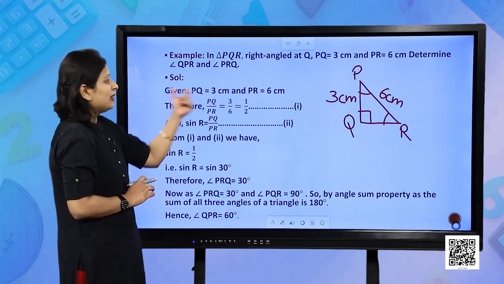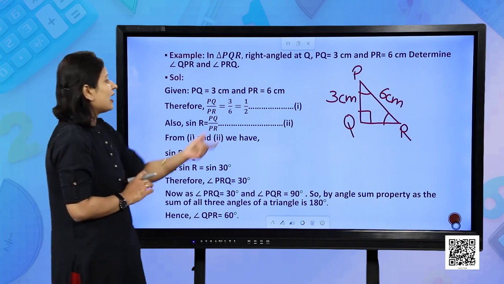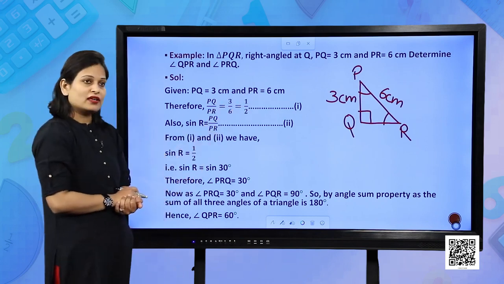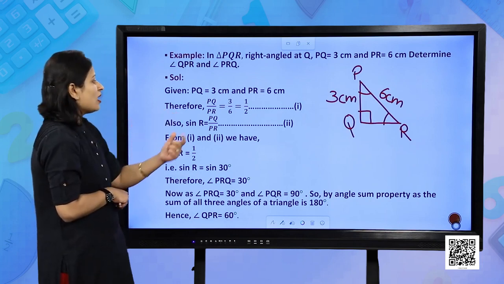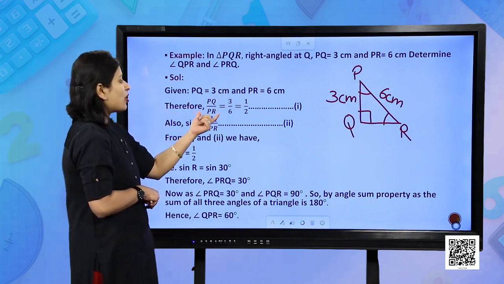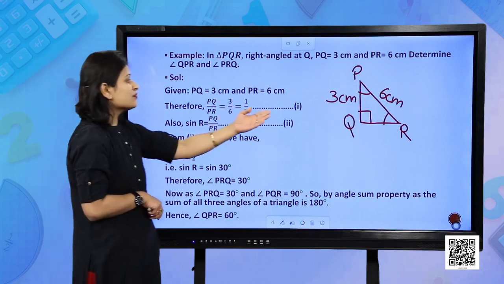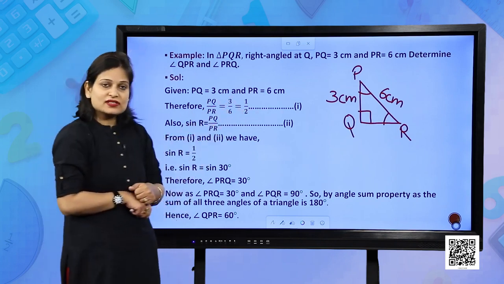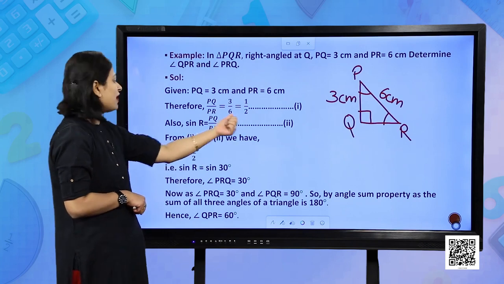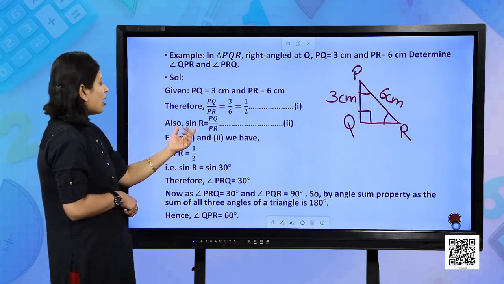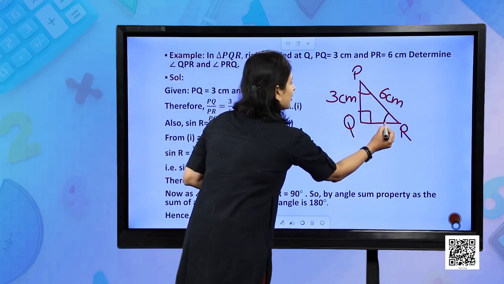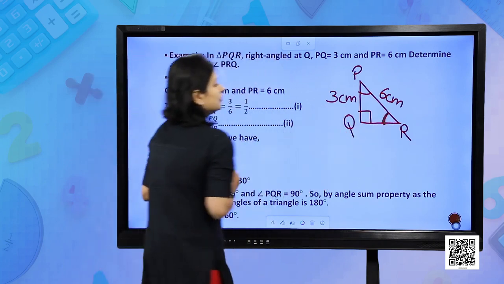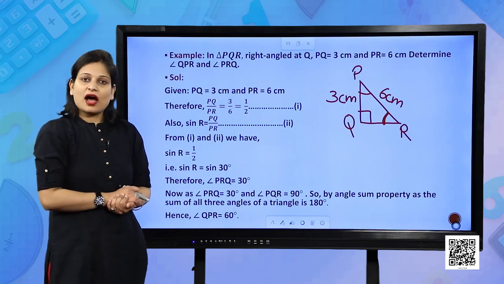Now, see, given PQ as 3 centimeter and PR as 6 centimeter, two sides are known to us. What will you get when I divide PQ upon PR? 3 divided by 6, you will get half, 1 by 2. Now also if I take angle R, what will be sine R?